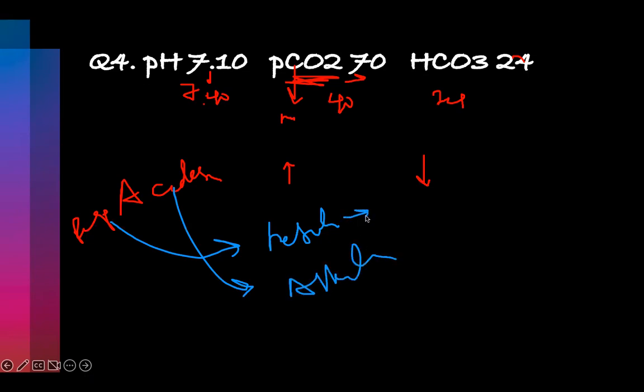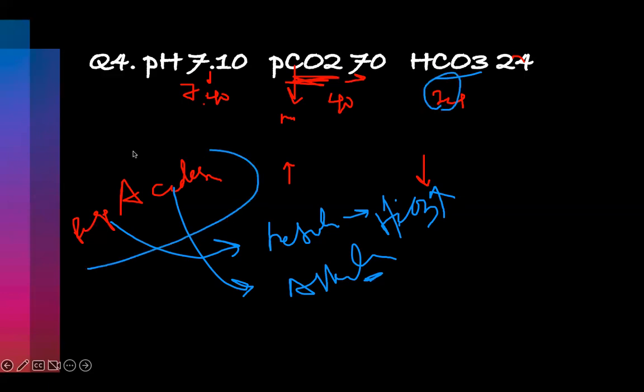Metabolic means bicarb. Alkalosis means it should go up. It has not gone up. It's still the same. So we go back to this and say respiratory acidosis uncompensated. We have not compensated it. So that's it.